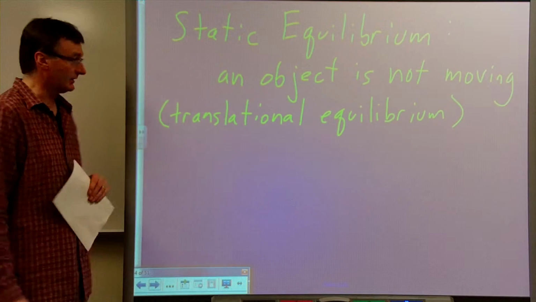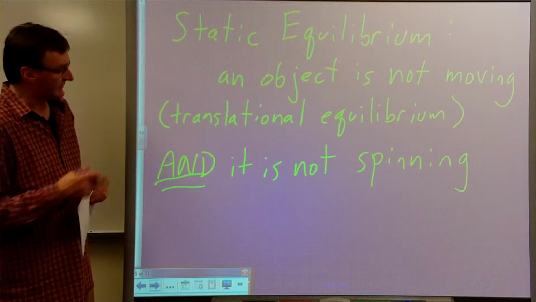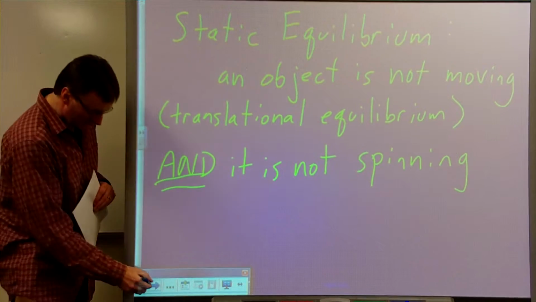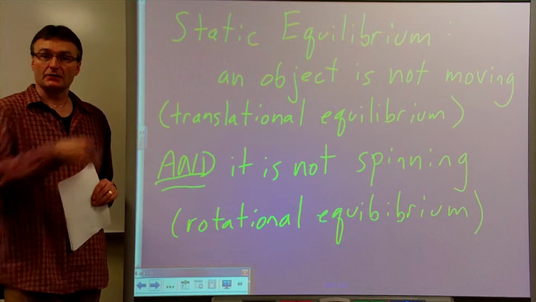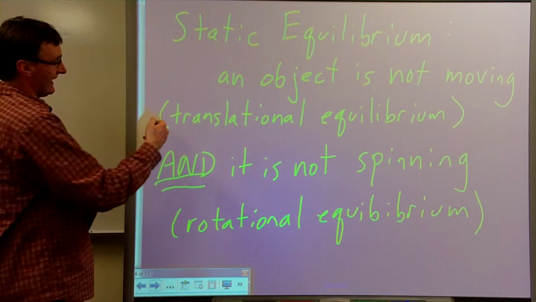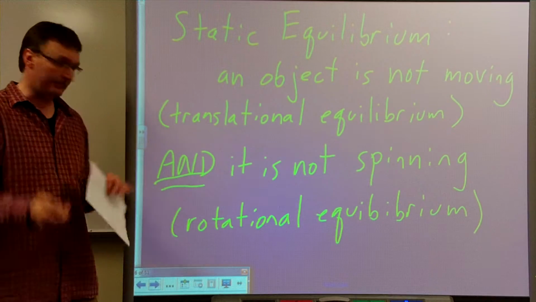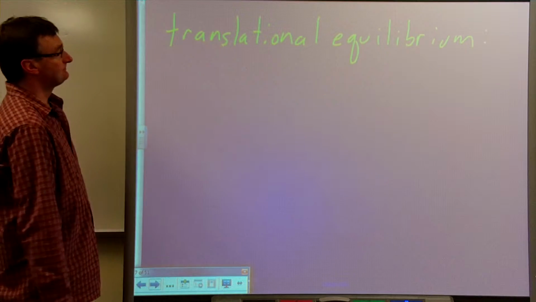The other aspect to static equilibrium is that it has to be not spinning, which we refer to as rotational equilibrium. So it's not moving and it's not spinning, it's in static equilibrium. It has to have both translational and rotational equilibrium in order to be considered in static equilibrium.